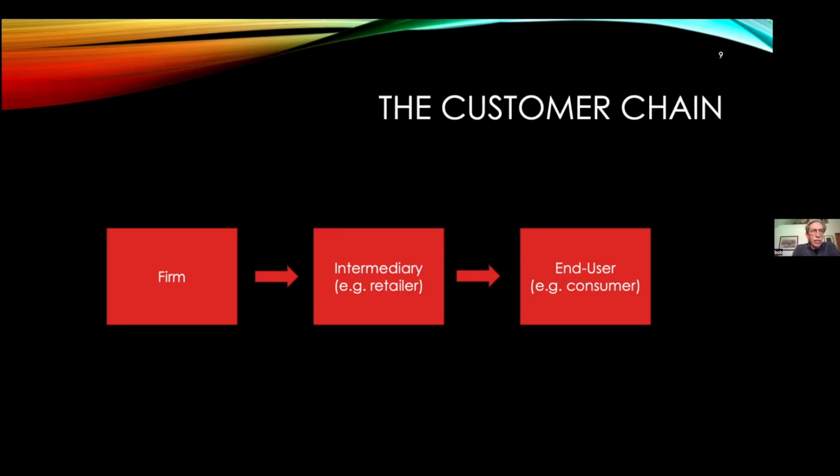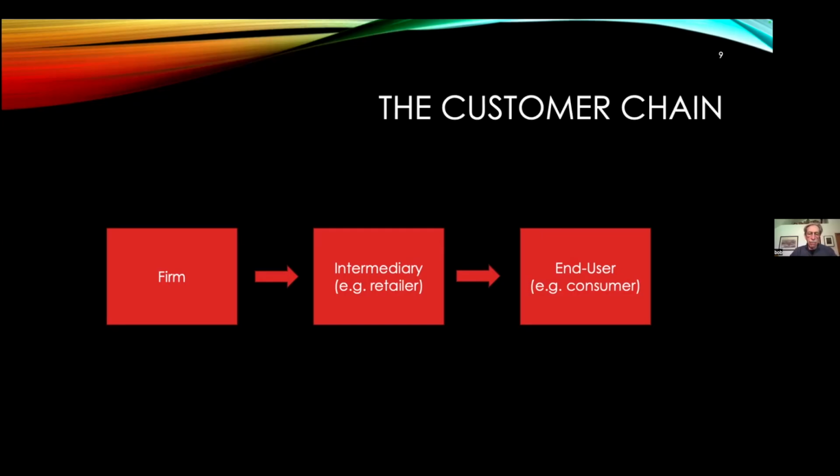It may be a purchasing agent. It may be the chief financial officer. So intermediary doesn't just automatically mean a retailer. It could be multiple people in the organization who impact or affect the sale or the purchase of a product. So I want you to walk away and really understand the customer chain. This is really an important idea.